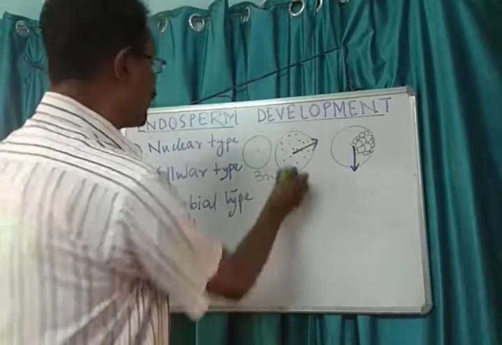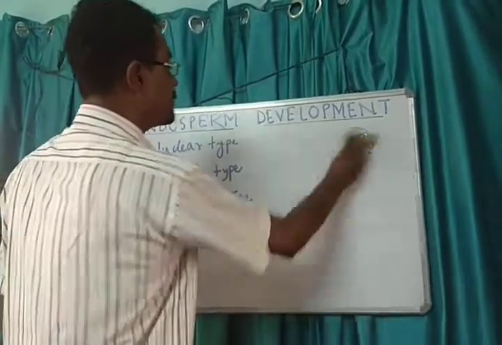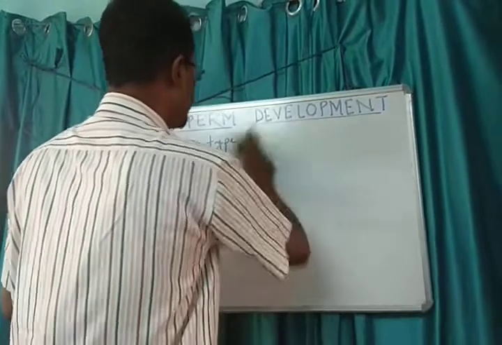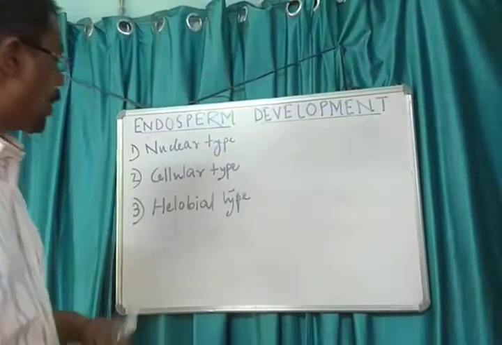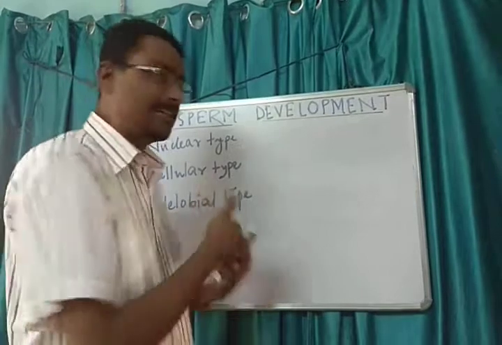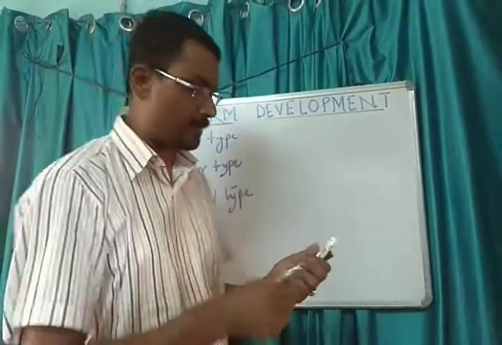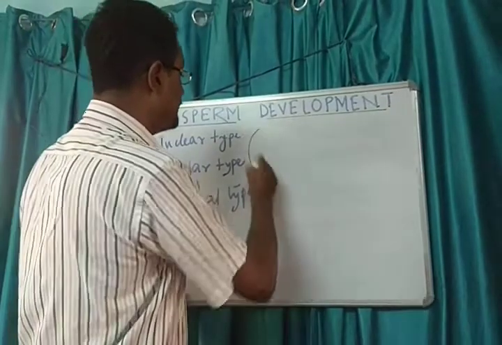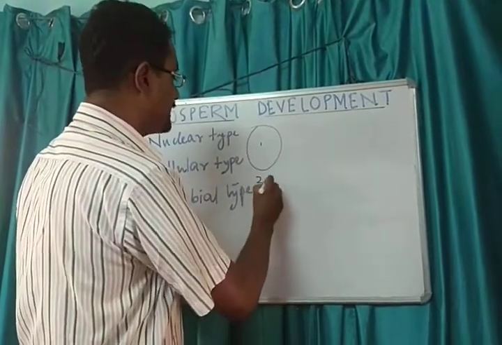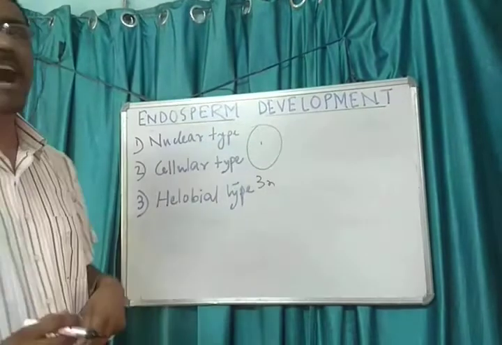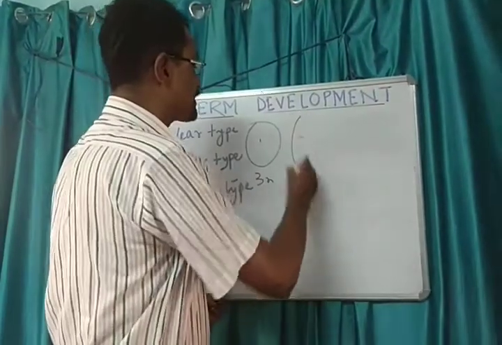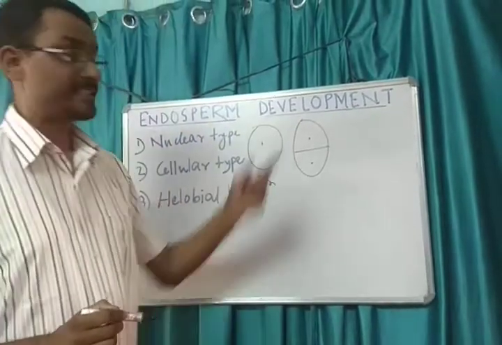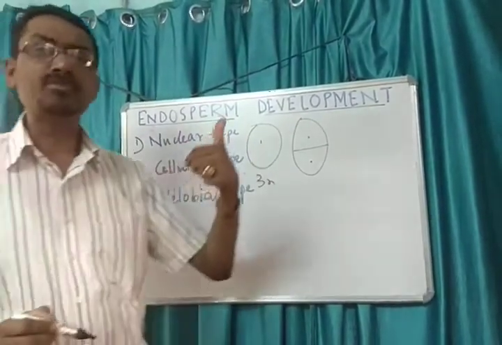So after this, we are finding another type, which is helobial. Helobial is a mix of both the nuclear and cellular types of endosperm development. How it develops, you see: this is the endosperm, the primary endosperm. First of all, it divides, cytokinesis occurs, and it forms two cells.